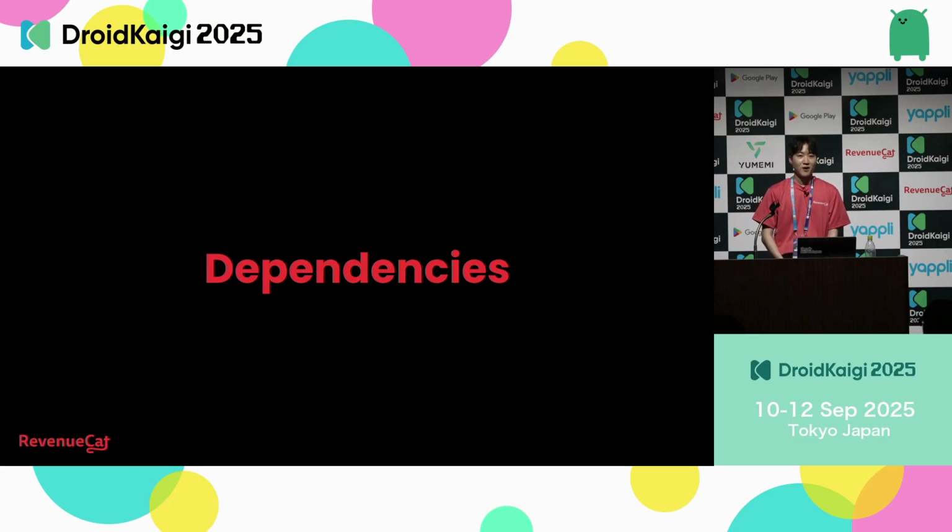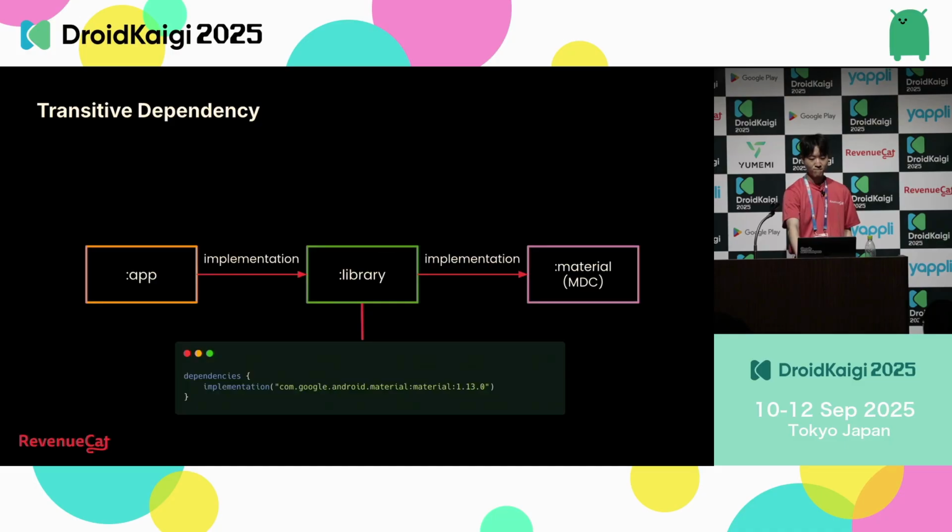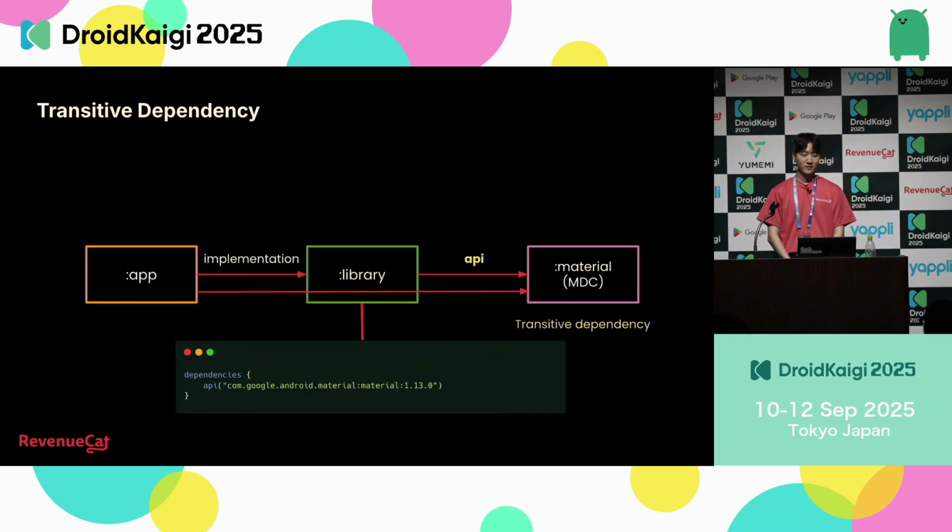And now let's talk about dependencies. Imagine your library depends on the Material Design Components library, and other Android projects use your library. It doesn't have any problems right now. But at some point, users also need to use APIs from the MDC library to call your functions.